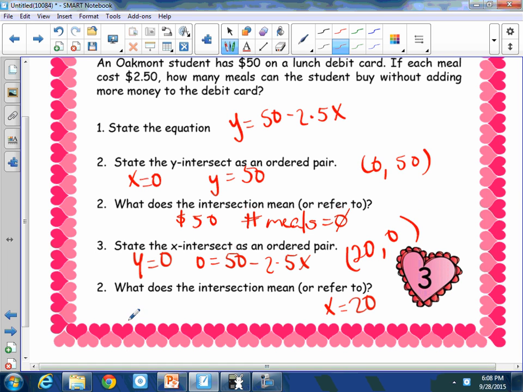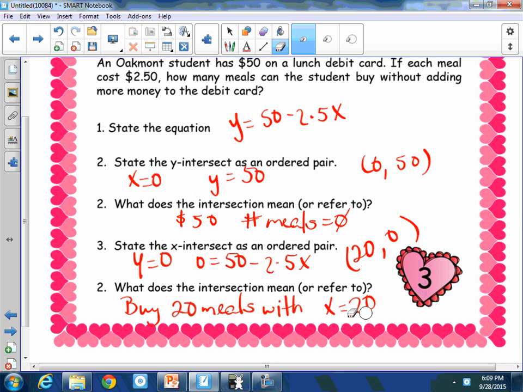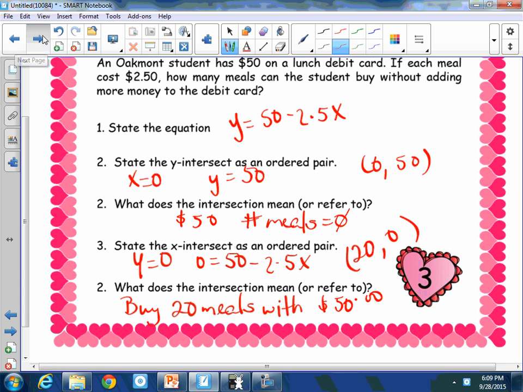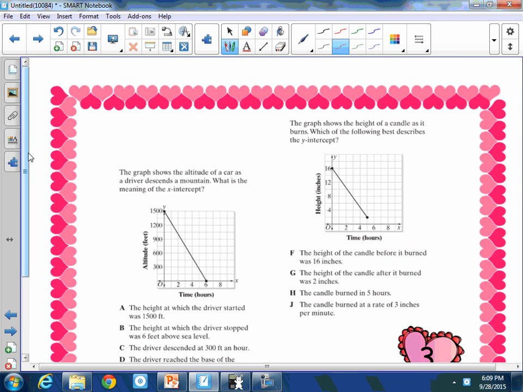It means that you can buy 20 meals with those $50 without having to put more money on the debit card. All right, these ones are pretty easy to do.